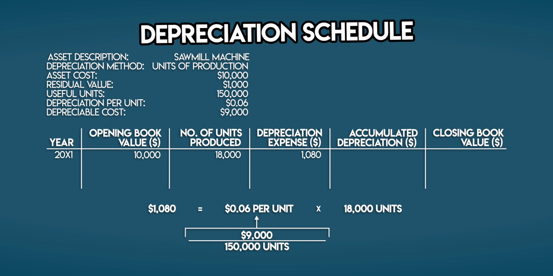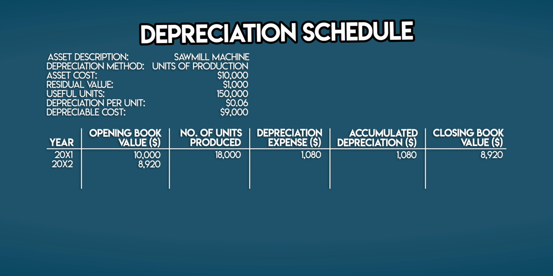In your first accounting period, it will match your depreciation expense. Your closing book value is the carrying amount of your sawmill machine in your balance sheet at the end of the year. It's your opening book value of $10,000 minus your depreciation expense of $1,080, which is $8,920. This then becomes your opening book value for year 2.